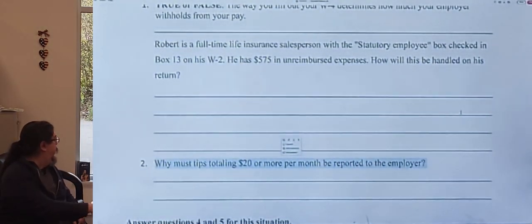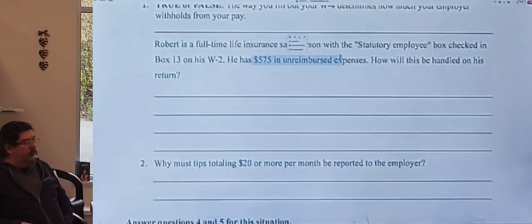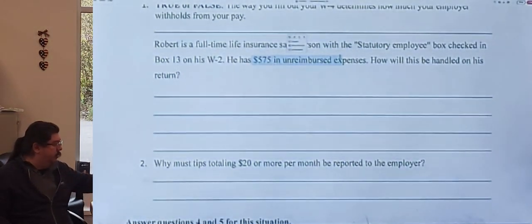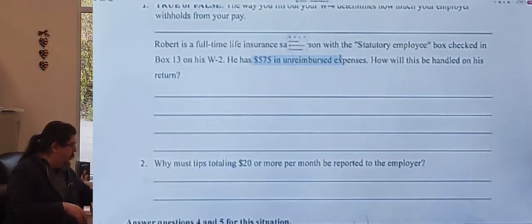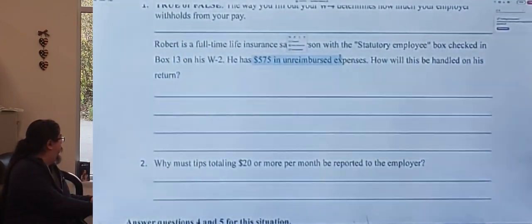Let's see if we can find that. If he had no unreimbursed expenses, he would be able to just put it on line 1a as if it were wages.